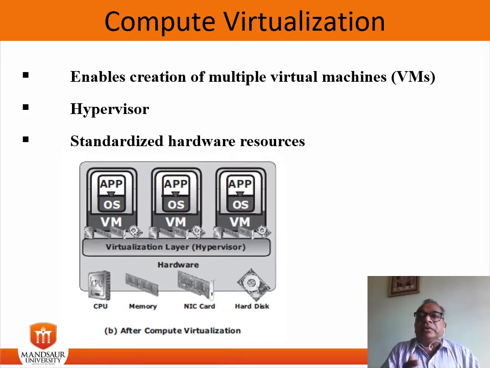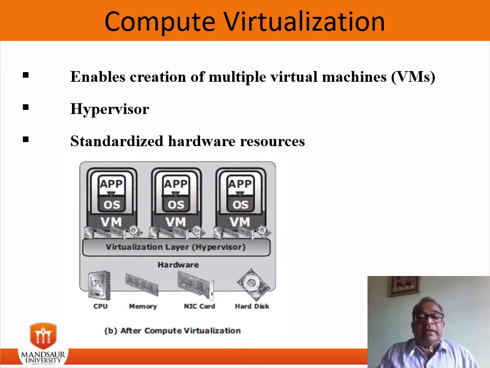Using this technique, each virtual machine runs an operating system and application instance in an isolated manner. Compute virtualization is achieved by a virtualization layer that resides between the hardware and the virtual machine.